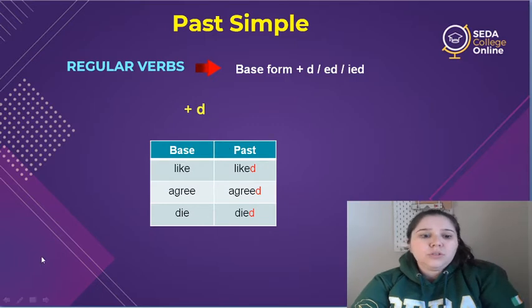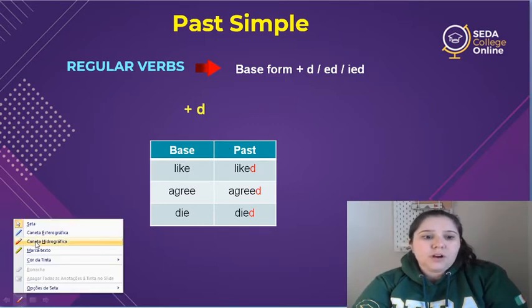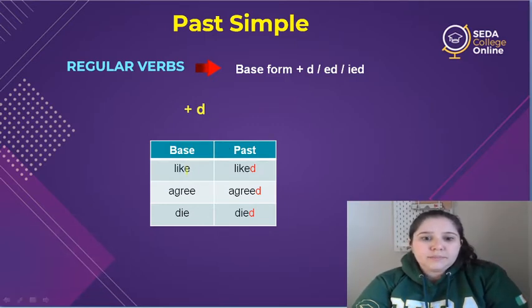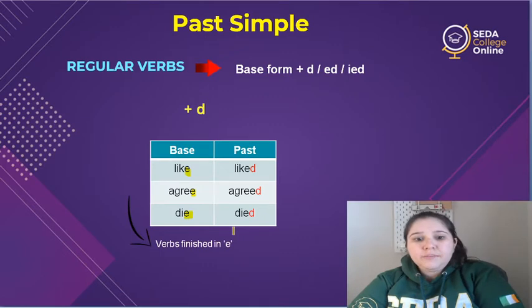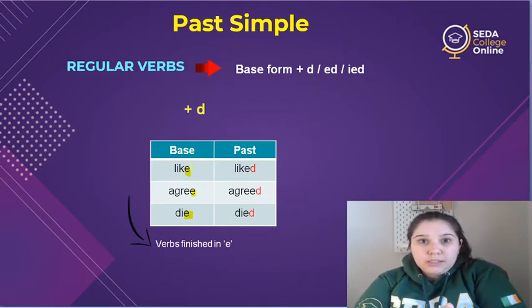So what do all of these verbs have in common? They are all finished in E. So when a regular verb is finished in E and we want to put it in the past form, we just have to add D. We don't need to put ED because we already have an E here. Okay?